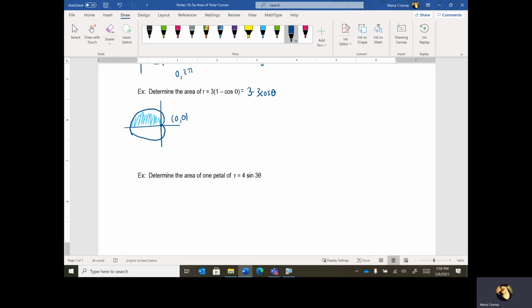And when theta is pi over 2, cosine would be 0, so we'd be at 3 here. So that's not going to be the whole thing. At pi, we'll change our signs because of the minus 1, and we'll be at 6. So here we are.